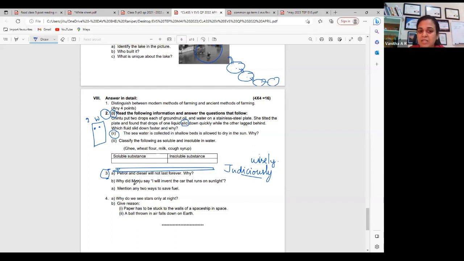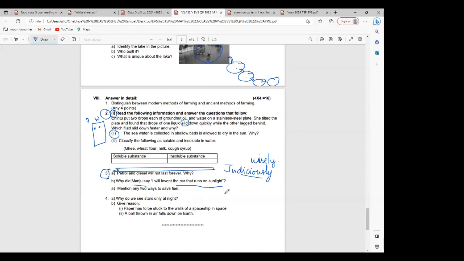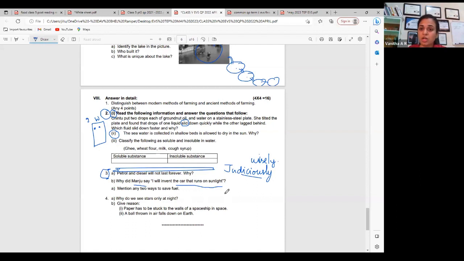Next is again taken from the lesson. Why did Manju say, I will invent the car that runs on sunlight? So what could be the possible answers? Solar panel. Solar power. Of course, it is non-polluting. It is a renewable source of energy, or it is in unlimited amounts. It doesn't cause any smoke. It is available free of cost.